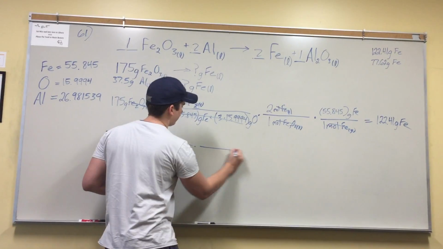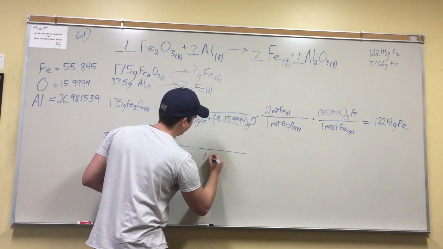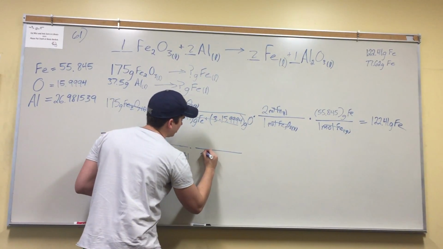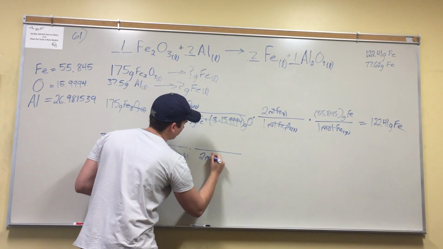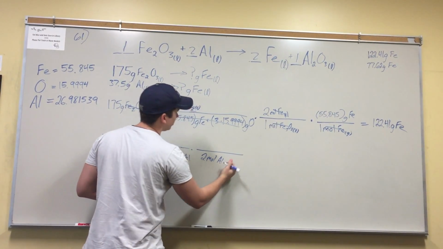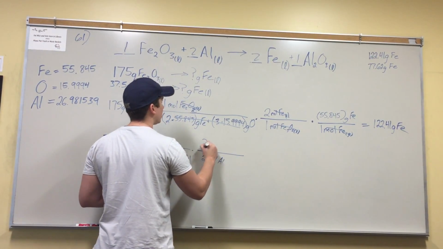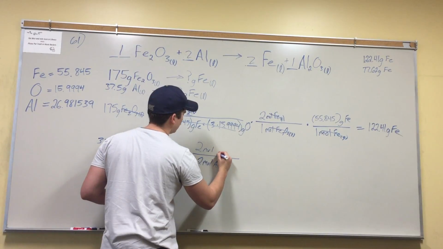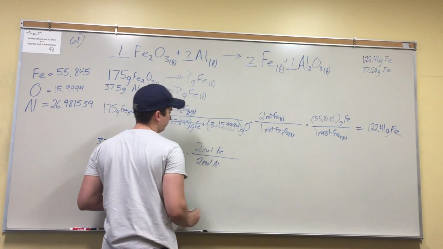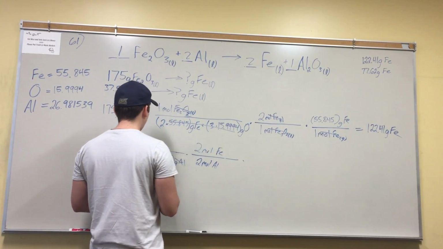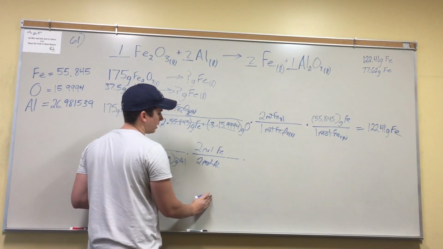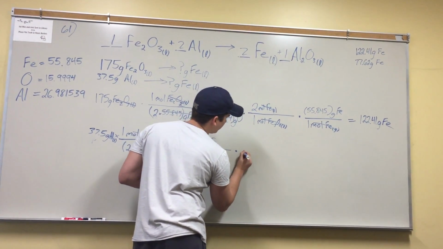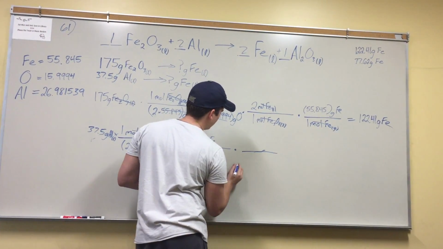To transfer that from moles of aluminum to moles of iron, you're going to multiply, since the coefficient is 2 this time, by 2 moles of aluminum to the same 2 moles of iron. Now your moles of aluminum cancel out and you're left with moles of iron. And you don't want moles of iron, you want grams of iron.